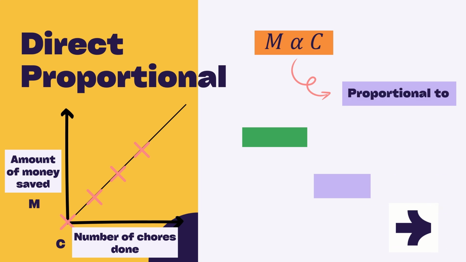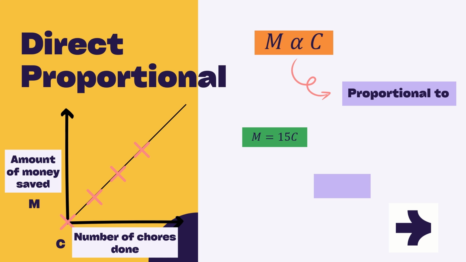So this says M is proportional to C. For this particular graph, we actually know the equation, it would be M equals 15C. Since to get the amount of money saved, we multiply the number of chores by 15.